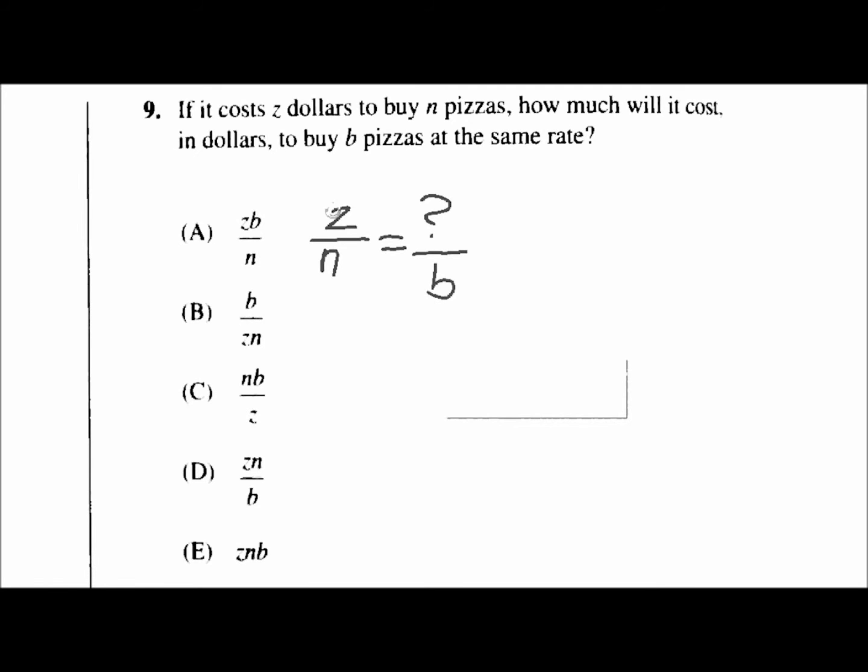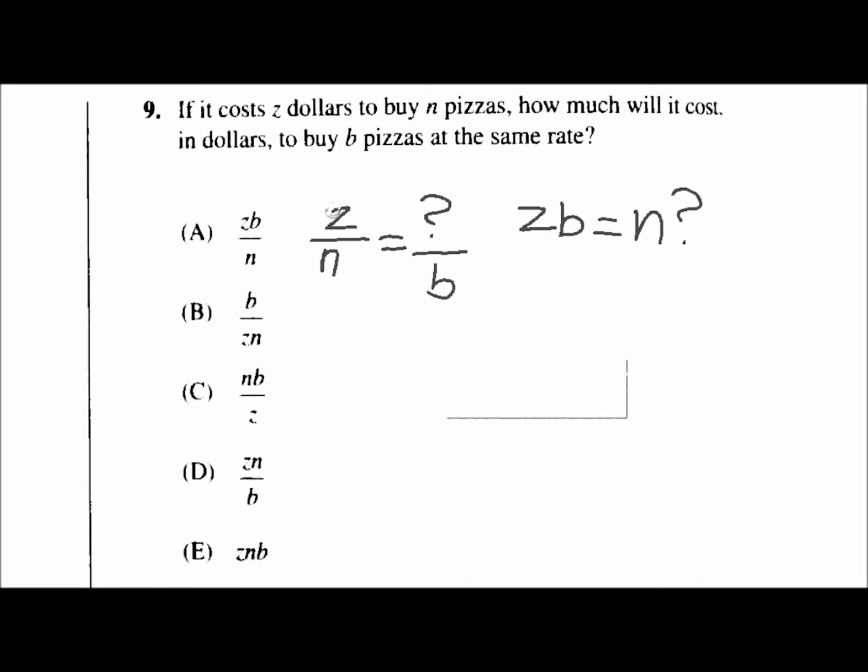Now, you handle this just like you did before, means equals extremes. I know that if I take Z times B, that's ZB, and I take N times whatever this is, it is going to give me the answer. And so I'm just going to say that equals N question mark.